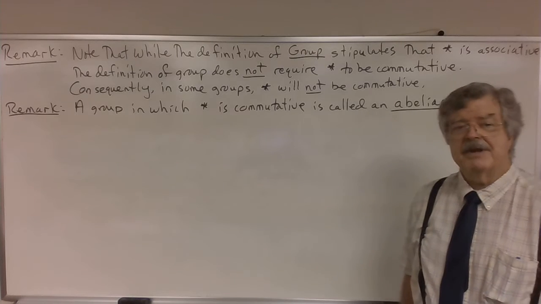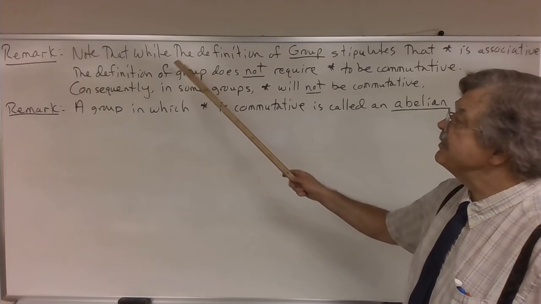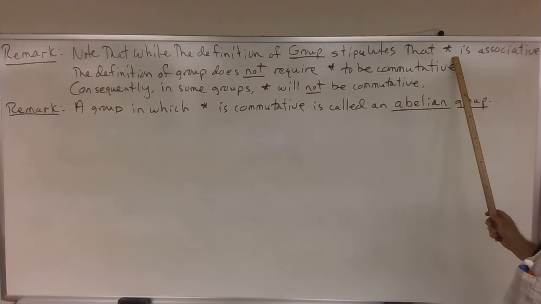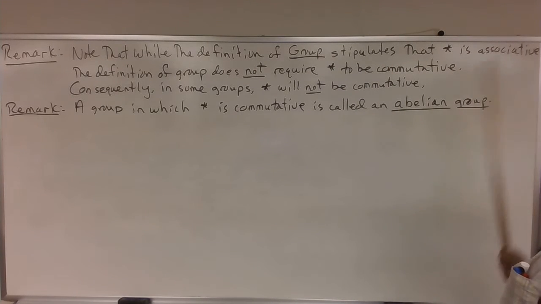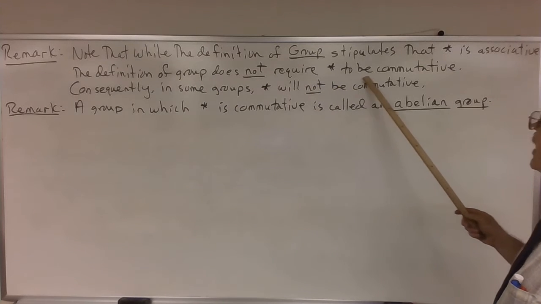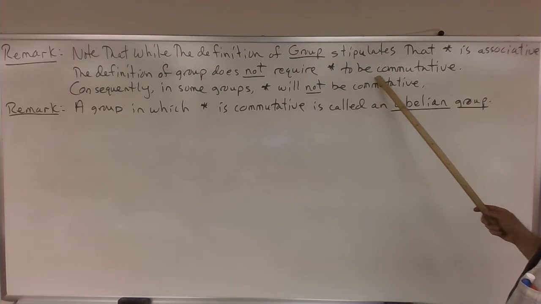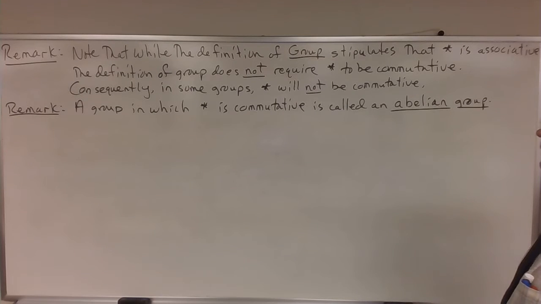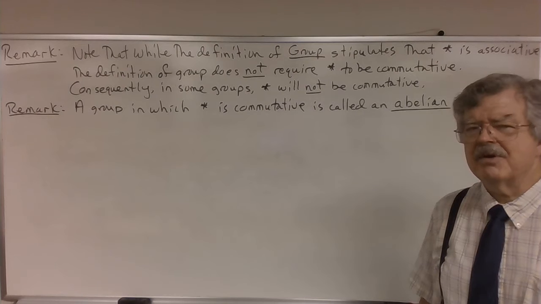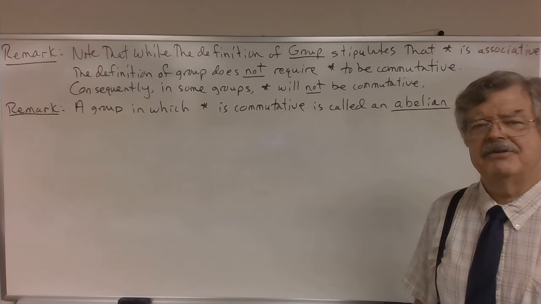And the first point is that we make an observation. Note that while the definition of group stipulates that star is associative, the definition of group does not require the binary operation to be commutative.